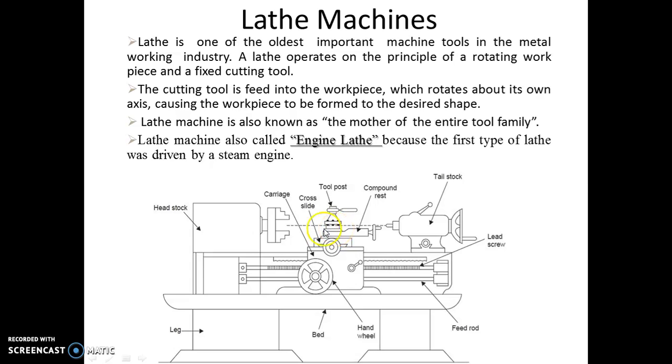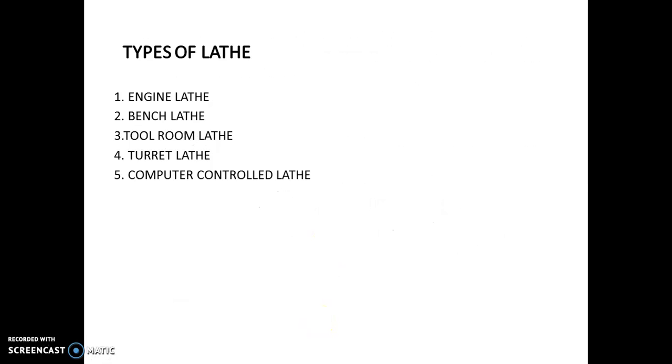If a tool moves parallel to the axis of rotation of the workpiece, cylindrical surfaces are produced, while if it moves perpendicular to the axis, it produces flat surfaces. These are of the following types: engine lathe, bench lathe, tool room lathe, turret lathe, and computer controlled lathe.